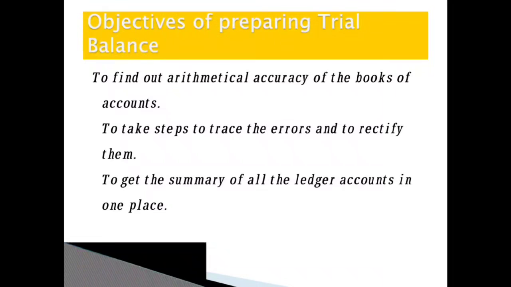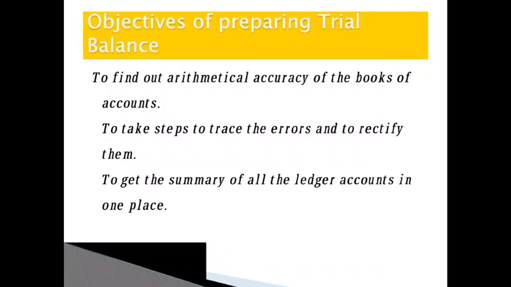Now if it doesn't tally, and your debit balances are not equal to your credit balances, then it is an indication that some mistakes have been made. So what is that mistake? That we can find out with the help of this trial balance, and we are going to rectify it.